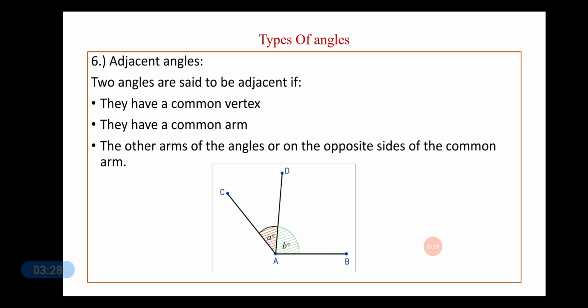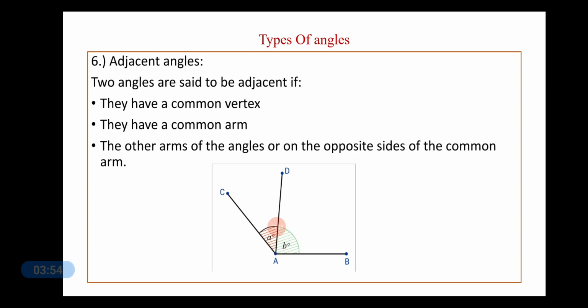Now, apart from all these angles, you have adjacent angles. So what are adjacent angles? Two angles are said to be adjacent if they have a common vertex. A common vertex means, here in this figure as you see, CAB and AD. So here there is one angle CAB.